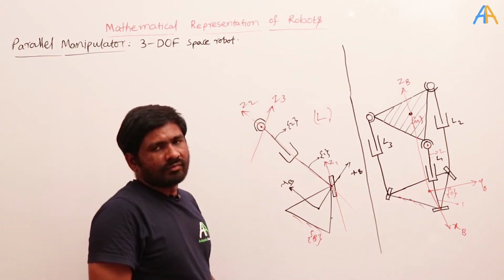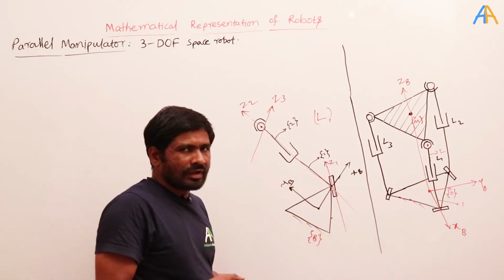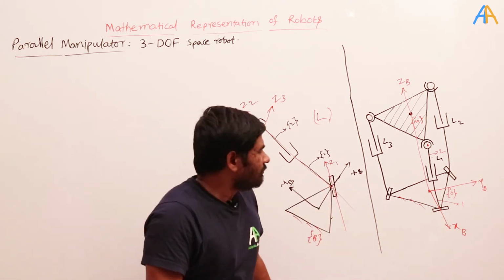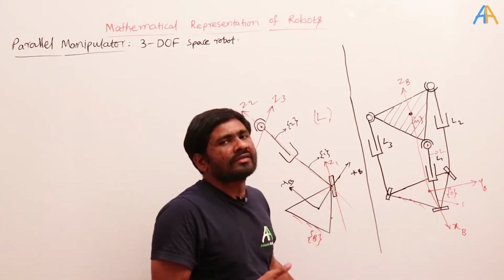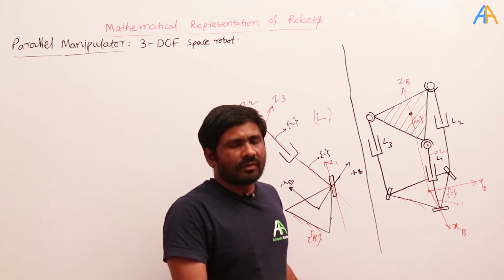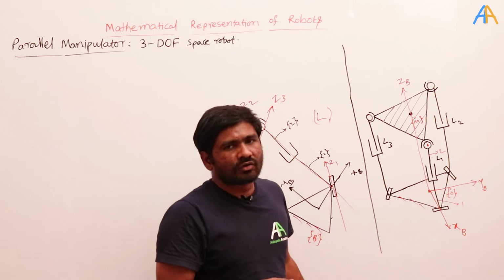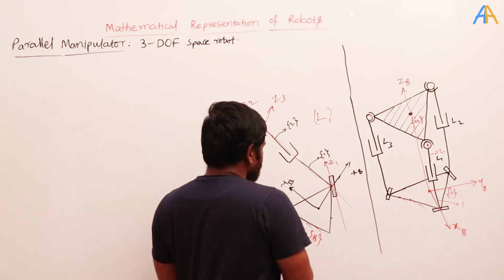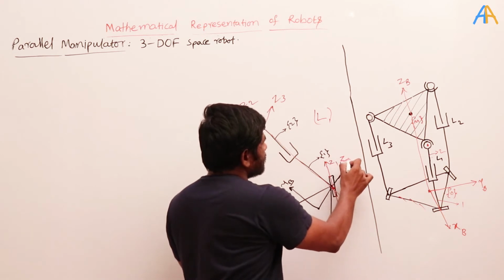And I need to assign some fixed coordinate system. This is a base coordinate system, but we have been studying that whenever there is a revolute joint connection, I need to assign the fixed coordinate system coincident with the first joint coordinate system. That means here I will choose one more coordinate system, that is Z0.